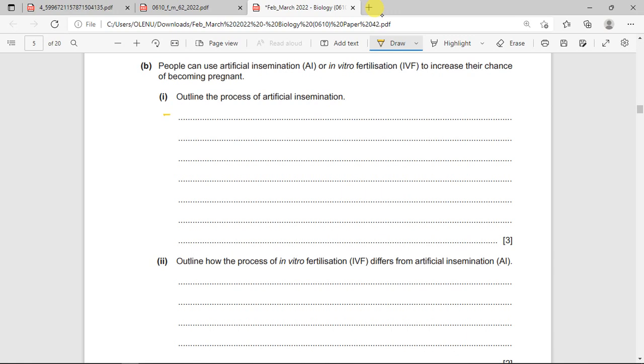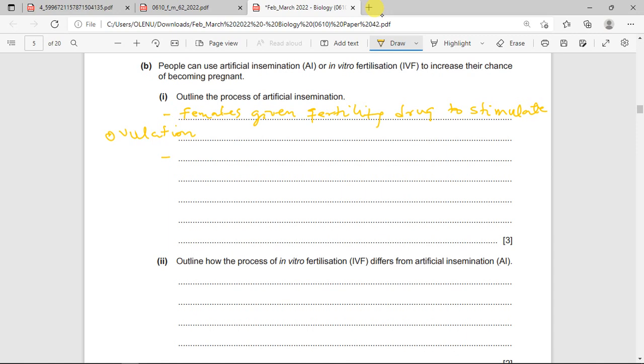First, the female is given a fertility drug to stimulate ovulation.